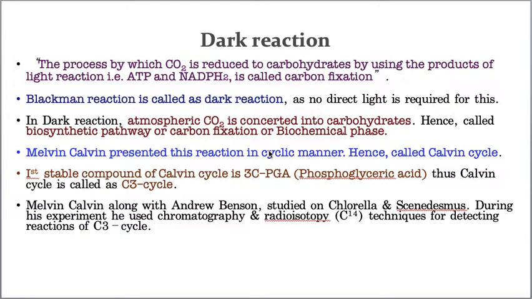That is the reason why the dark reaction is also called the light reaction dependent reaction. It is not depending upon light, that's why it is called a light independent reaction. Though it is not depending upon light, it is depending upon the end products of the light reaction. That's why the dark reaction is otherwise called the light reaction dependent reaction.